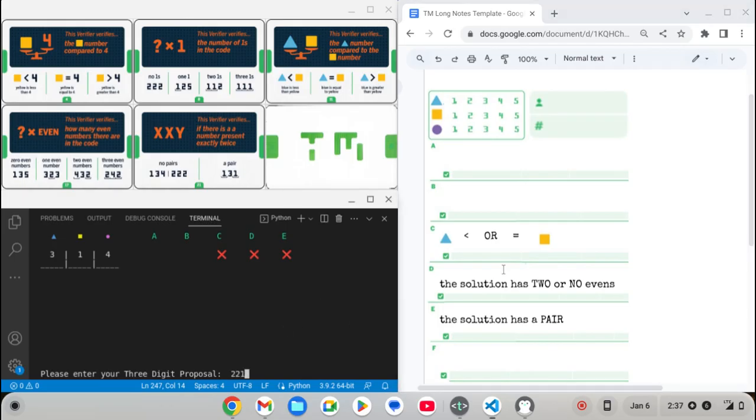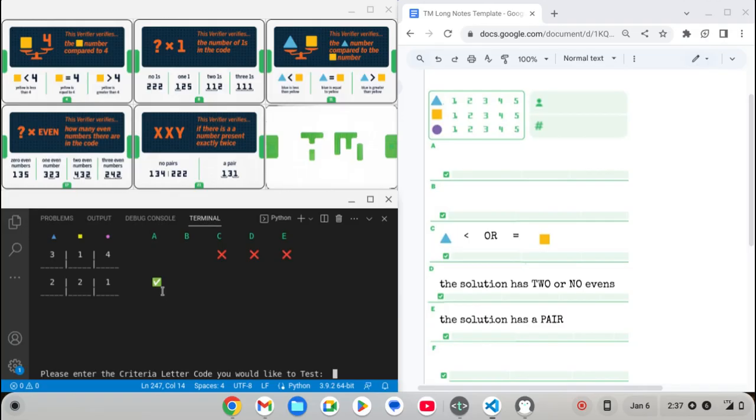So I know it's kind of odd, but I'm going with 221, and let's see where that takes us. So just to make sure, here I'm proposing that triangle and square are equal. I'm proposing that you do have two evens, and of course there is a pair. So let's go ahead and test 221, and let's try criteria card A, since that's really the reason I chose that proposal. Okay, wow, look at that.